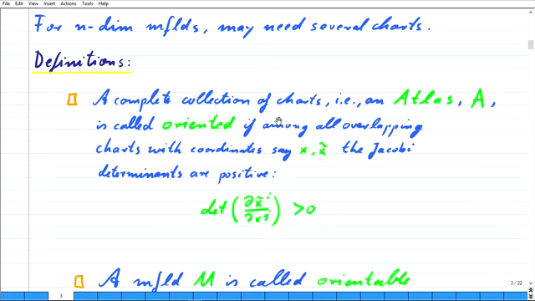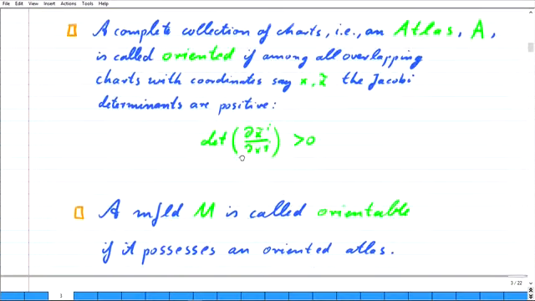So we need a few definitions. A complete collection of charts, which is to say an atlas for a manifold, is called oriented if among all the overlapping charts, whose coordinates we may call x and x tilde, the Jacobi determinants are positive. The Jacobi determinant plays an important role in n-dimensional integration because as you change variables, the chain rule produces a Jacobi determinant. And a manifold is called orientable if it possesses an oriented atlas.